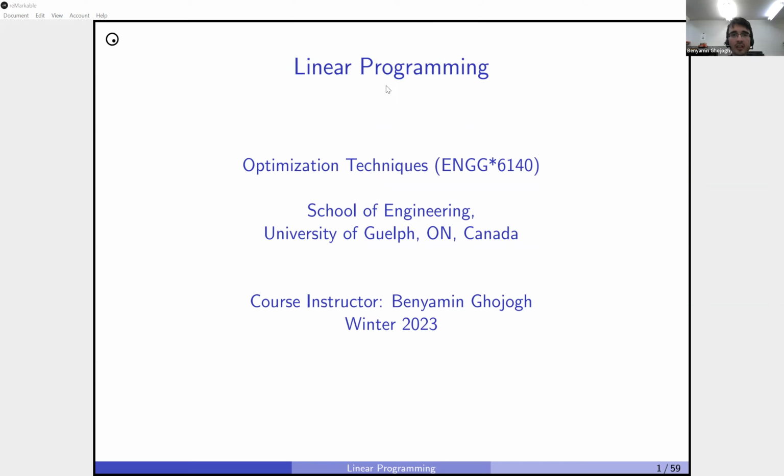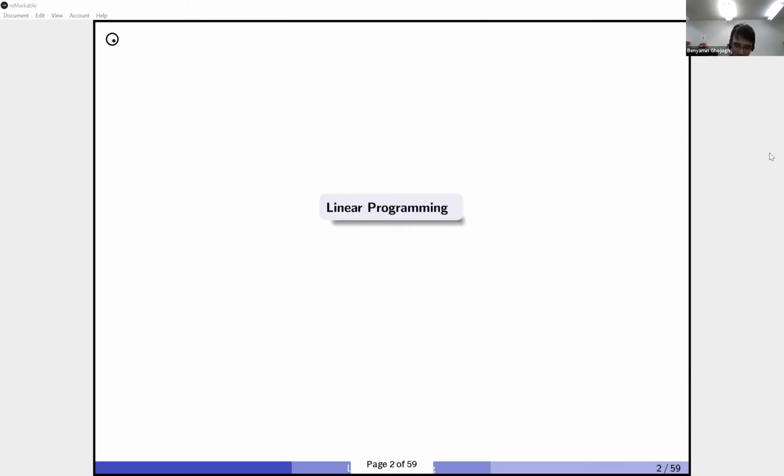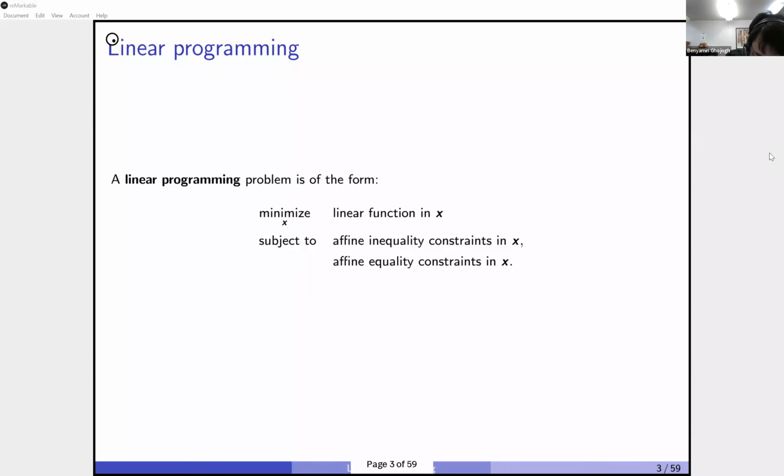Great. So now we are in linear programming. We introduced linear programming, and now we are going to see how to solve it. Again, linear programming means a linear optimization problem, where the objective is a linear function in X. The inequality and equality constraints are all affine.